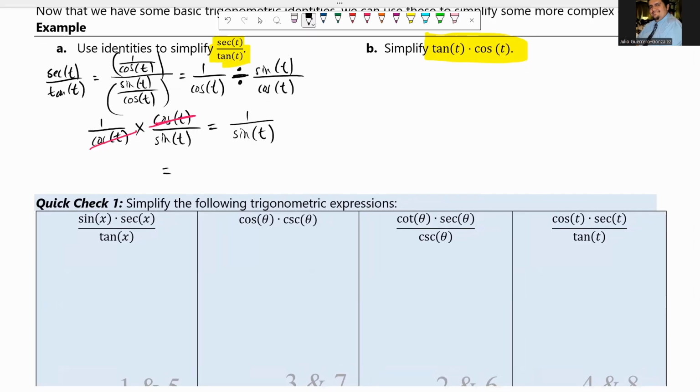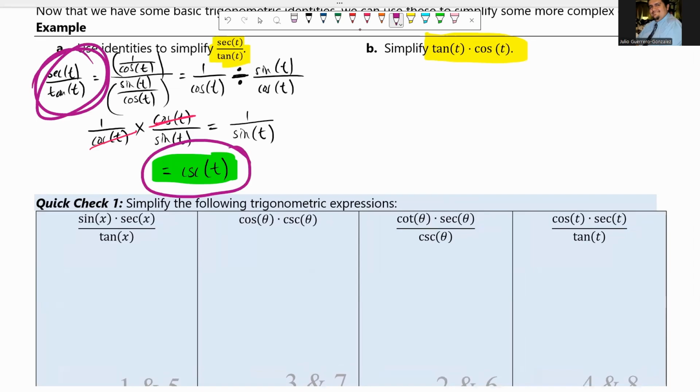And if you remember, 1 over sine of t reduces to cosecant of t. We are done. So instead of messing with secant t divided by tangent t, we can just say that is equivalent to cosecant. This is getting us warmed up for some more convoluted and more complicated simplifications that you can do with trig. We'll get there. When we get there, I will announce it, okay?